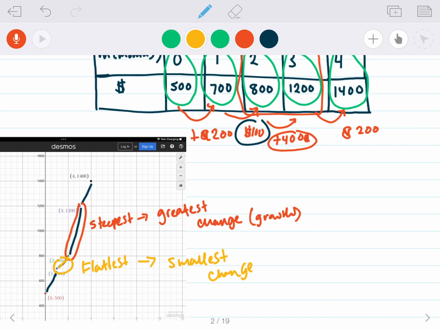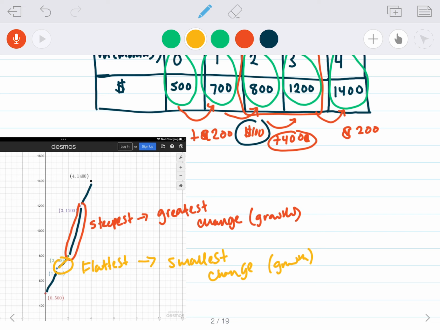So what happened? I don't know. Something probably happened between month 1 and month 2. Maybe taxes were due or something. And this is still growth because we're still saving $100, but it's the smallest change in a month.